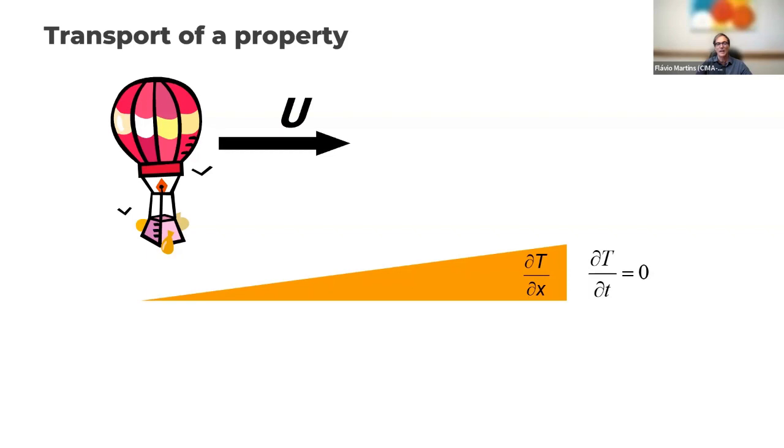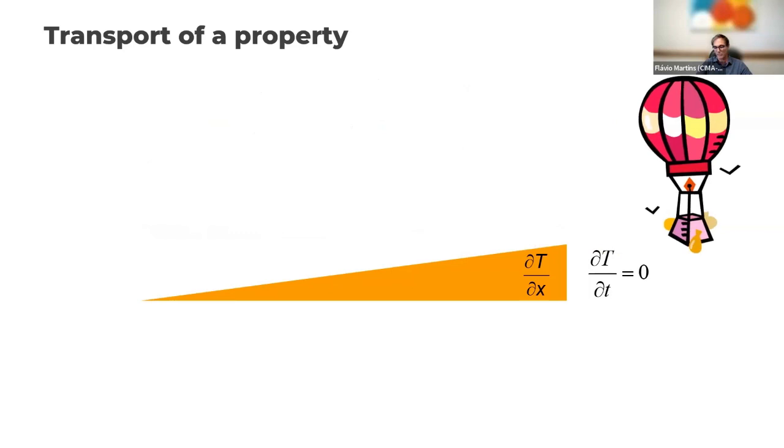But if the balloon has a velocity and it moves, how is the variation of the temperature measured inside the balloon related to this? How do we compute it? Any idea? Anyone want to say something, either using the mic or using the chat? No? So how do you relate this with these quantities?